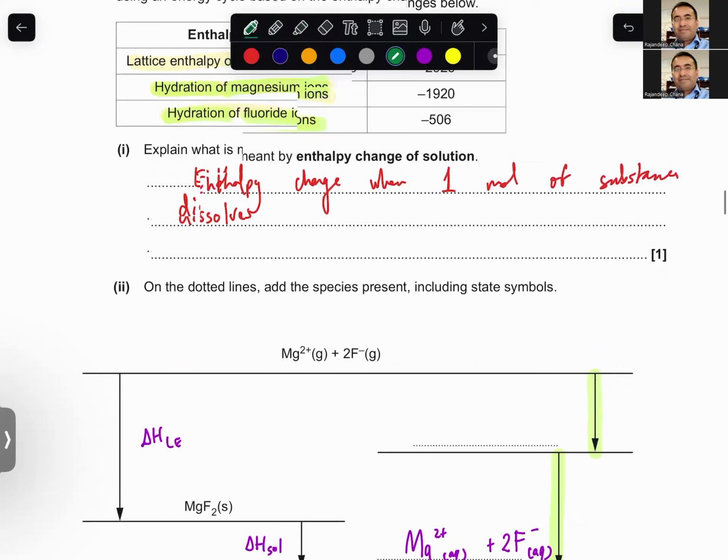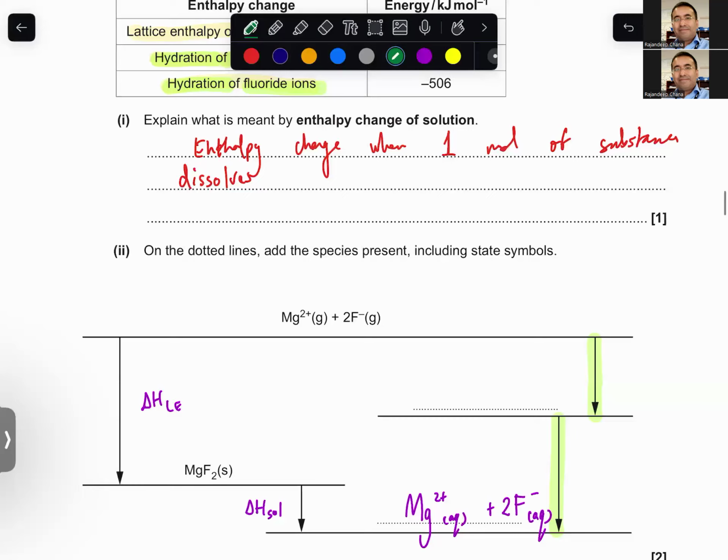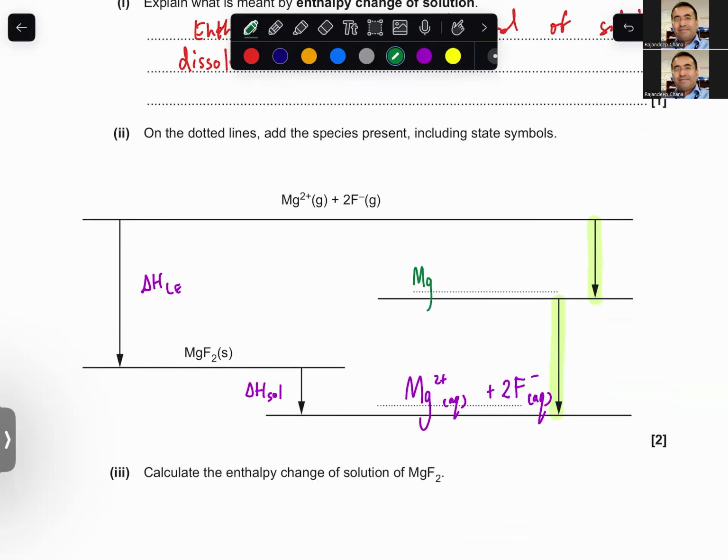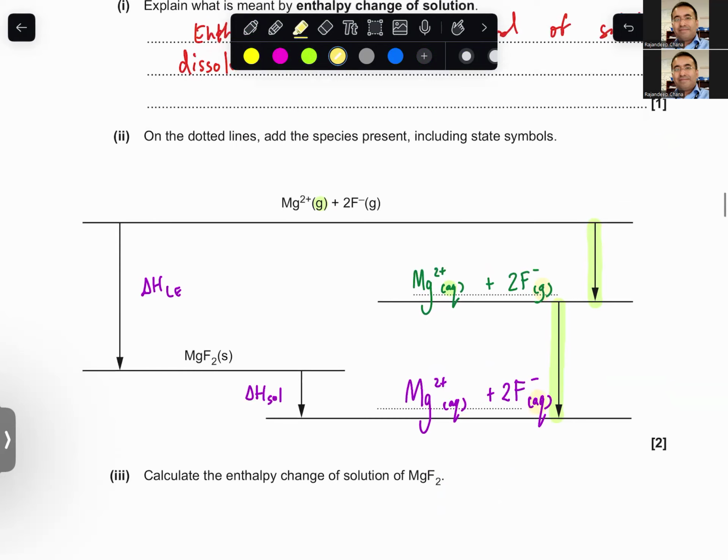It doesn't really matter. This is not to scale. Let's just do magnesium first. Mg2+, and this becomes aqueous. Can you see, ladies and gentlemen, from gaseous, it's gone to aqueous. And then the fluoride ions stay the same. They are in the gaseous state. And then you are going from gaseous to aqueous. And that's the enthalpy change of hydration of fluoride ions.